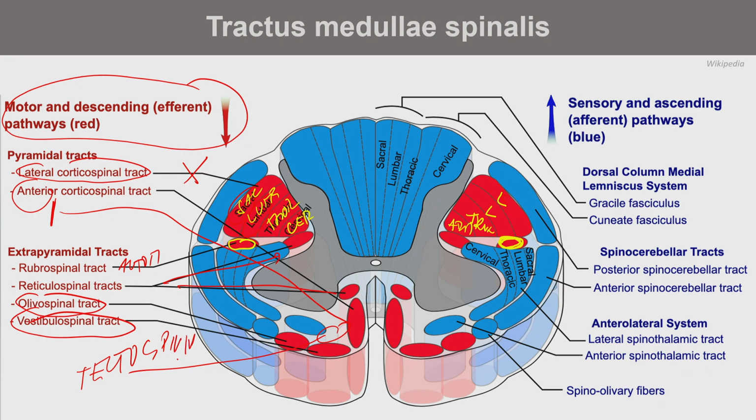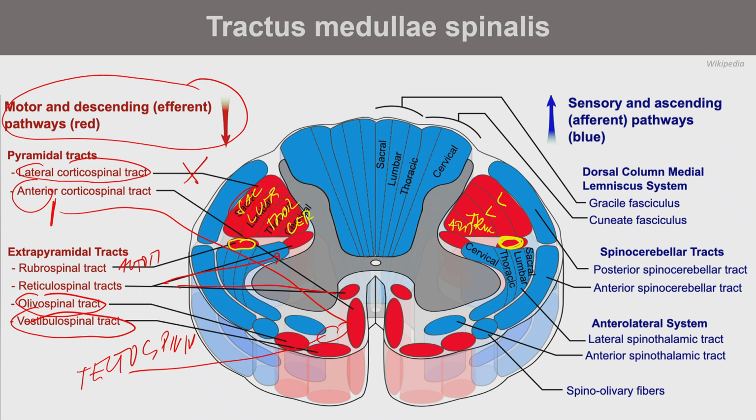But in general, in the anterior column, we have motor neurons, which are the guidance of the pyramidal and extrapyramidal tracts. From the extrapyramidal, the most important for us is the rubrospinal, which is laterally localized.